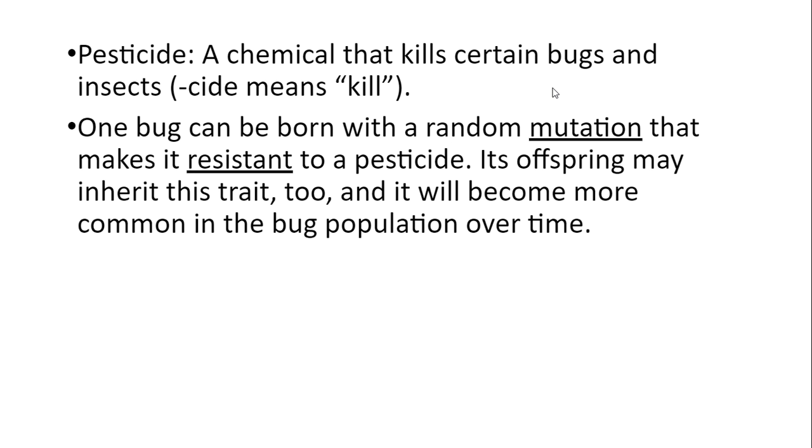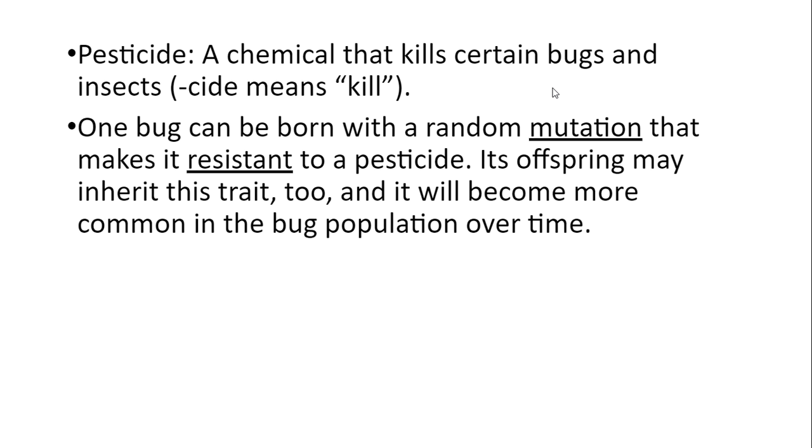So again, a bug can be born with a random mutation that makes it resistant to a pesticide. Its offspring can inherit this trait too, and over time, that pesticide-resistant trait will become more common in the bug population.